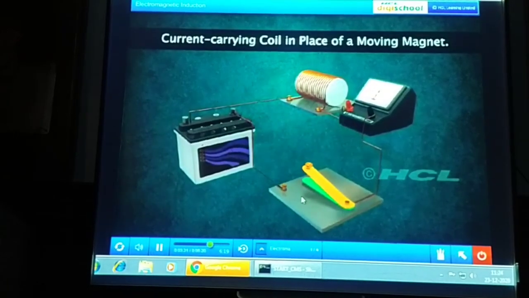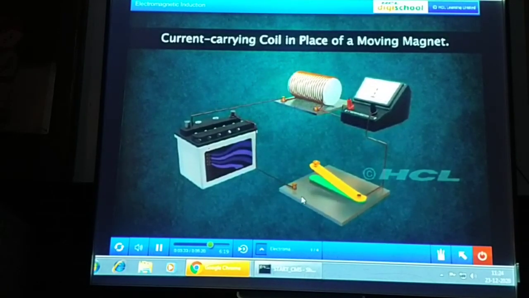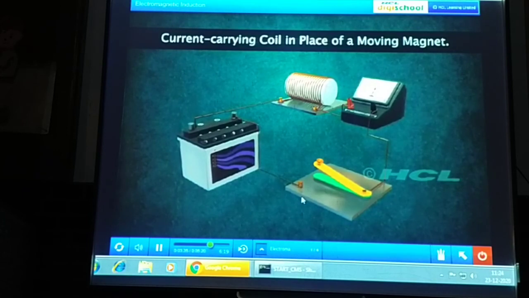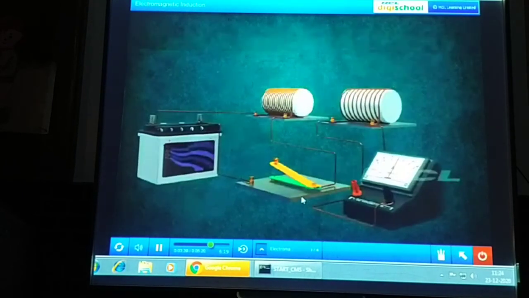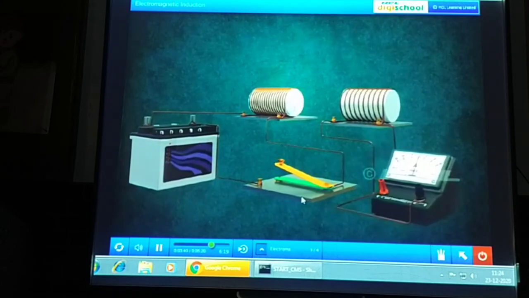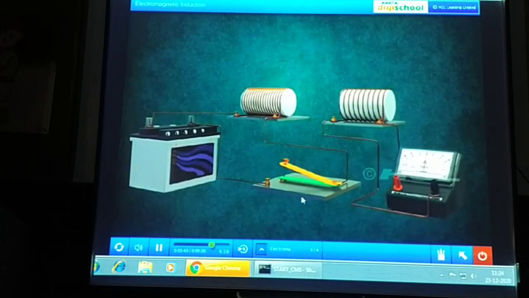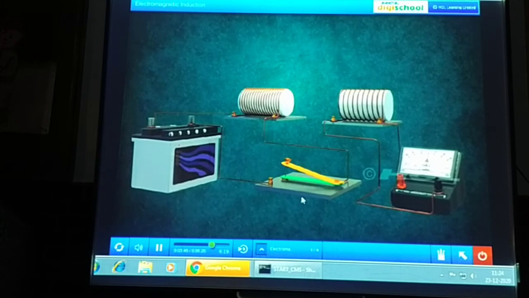Let us replace the moving magnet with a current-carrying coil with a greater number of turns. Let us connect another coil as shown here, and name the current-carrying coil the primary coil and the coil connected to the galvanometer the secondary coil.